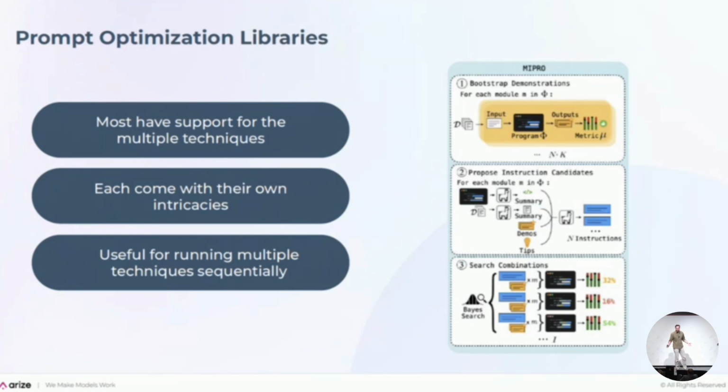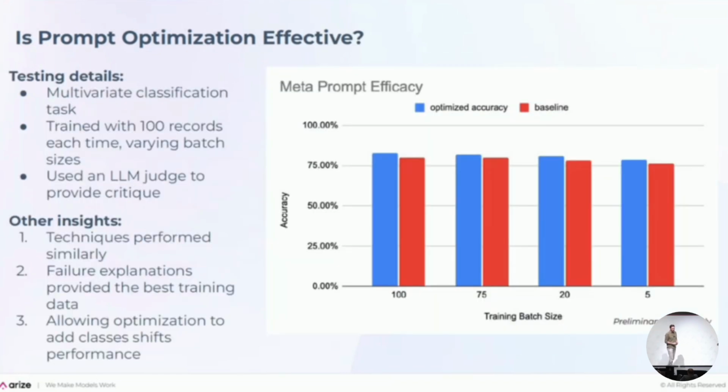If anyone's used DSPy or Zenbase or some of these tools, there's a whole set of libraries that take the common prompt optimization techniques and make it really easy to run those on your application. These have dozens of different techniques in them. There's a whole area of academia here around prompt optimization techniques as well that you can dive into if you want. So we wanted to take these techniques and figure out, okay, do these actually work?